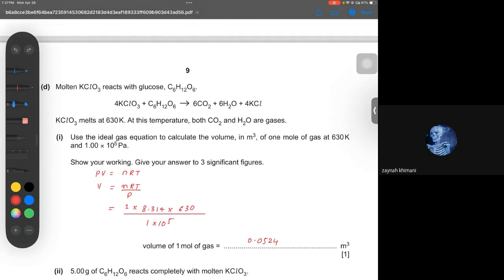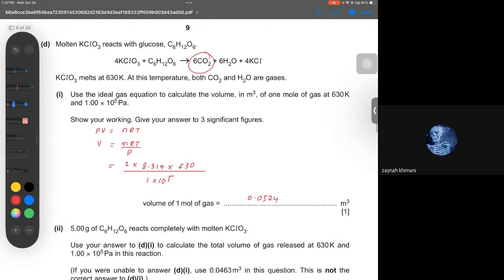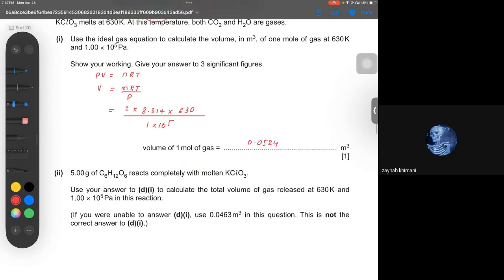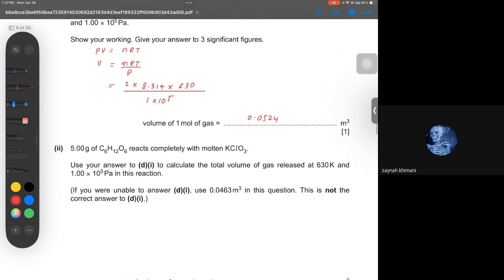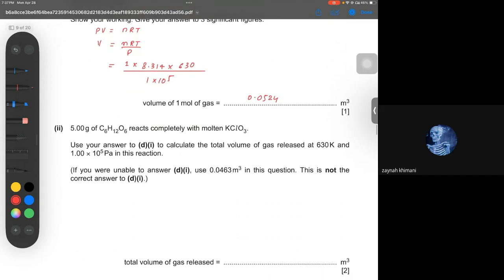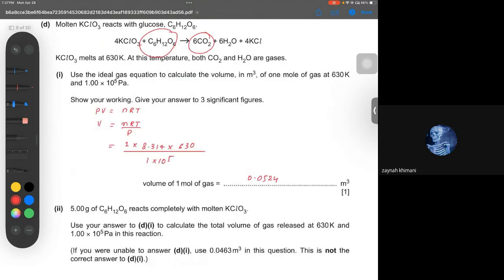You know gas is this? Gas is carbon dioxide. Okay, they have given us the mass of this glucose which is going to react completely with this molten KClO3. Because I have to calculate the total volume of gas released, and also this is also the gas, water molecule.